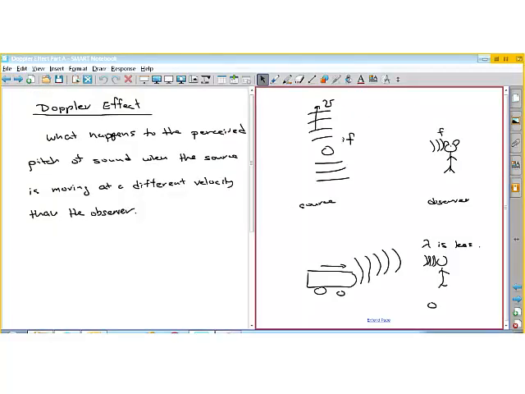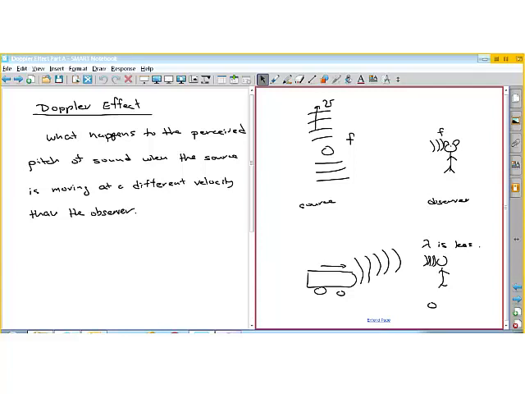So here's my little example. Here you have a source, and it's emitting sound waves that are going around in spherical waves at a certain frequency. Those waves go out, and this is stationary, and this is stationary, and the waves come in and impinge on the eardrum at a certain frequency, depending upon the wavelength of the waves.